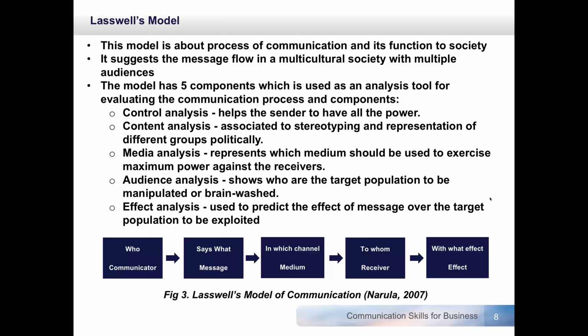Here the sender has a bit of control over sending the communication across to the receiver. A typical example is when you receive an email from your head of department or boss, and that email has come only to you and not to any of your other colleagues or peers.